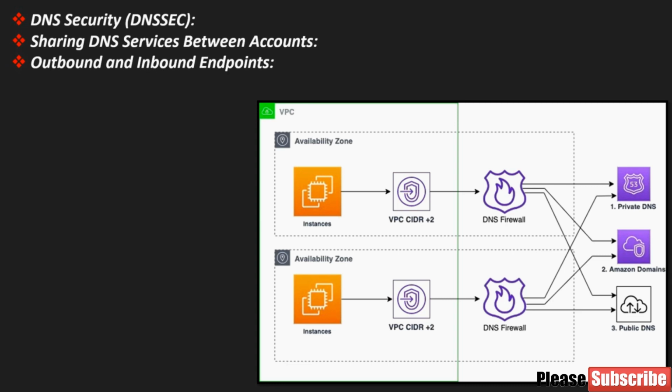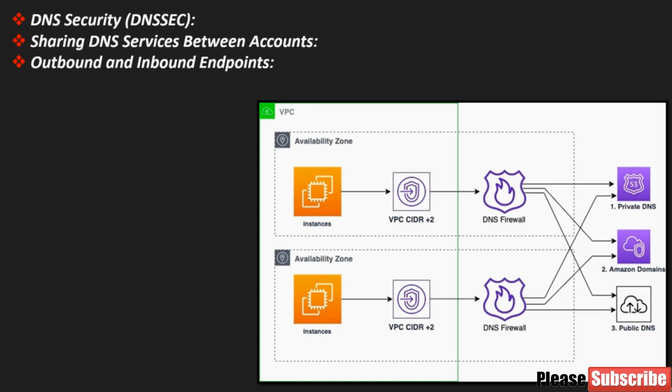By strategically utilizing private and public hosted zones, implementing effective traffic management, leveraging DNS record types, and incorporating security measures like DNSSEC, organizations can build robust and scalable DNS infrastructures. Additionally, we need to focus on sharing DNS services between accounts through AWS RAM and carefully considering outbound and inbound endpoints. That further enhances the overall architecture, ensuring optimal performance, security, and flexibility in the ever-evolving digital landscape we can create.